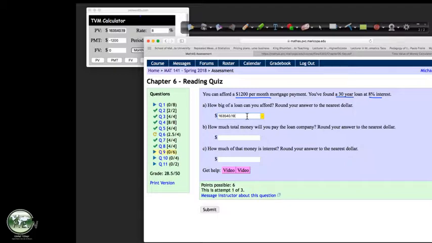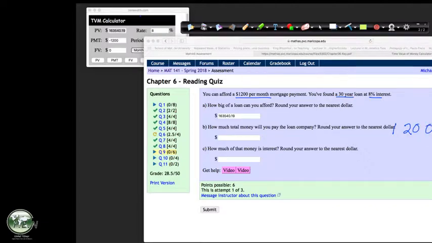Okay, so you can copy and paste this way. How much total money will you pay the loan company? Okay, so can you help me with this one from what we did before? How do we calculate what gets paid to the loan company under this situation? Each month we pay how much? $1,200.